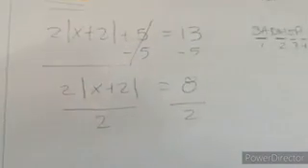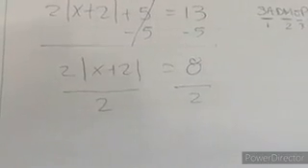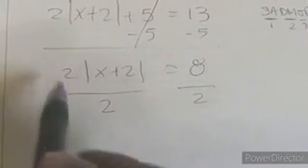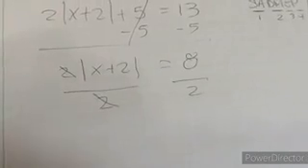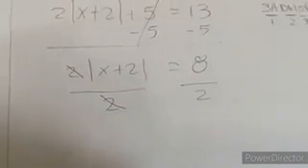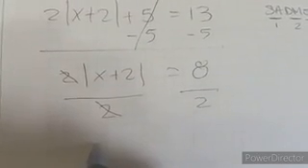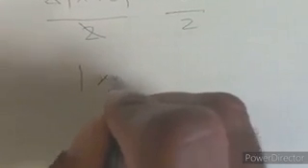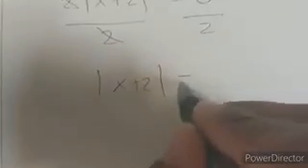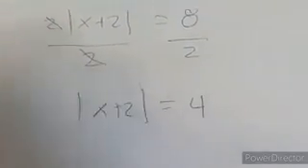Remember that we're trying to get x isolated, right? And so 2 divided by this 2 just goes to 1. So we can act like this is x plus 2 over 1, which is still the absolute value of x plus 2. So what's left over here is the absolute value of x plus 2 equaling 8 divided by 2, which is 4.